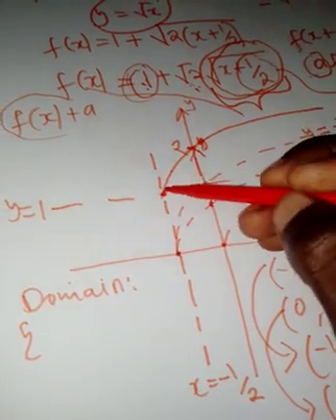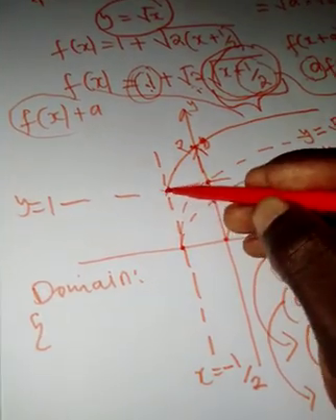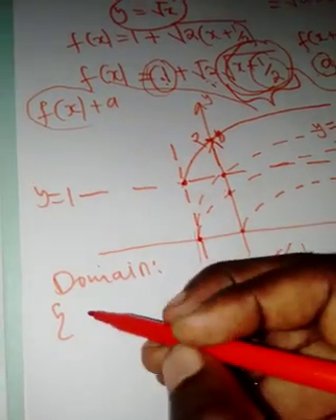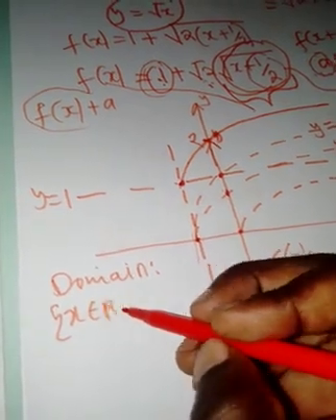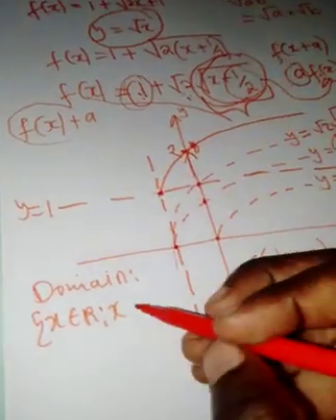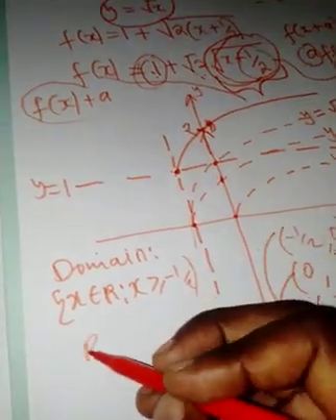What's the x value there? Negative 1 over 2. So we state that x is a member of real numbers such that x is greater than or equal to negative 1 over 2.